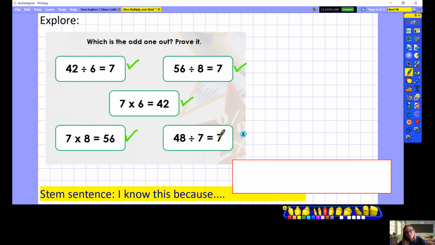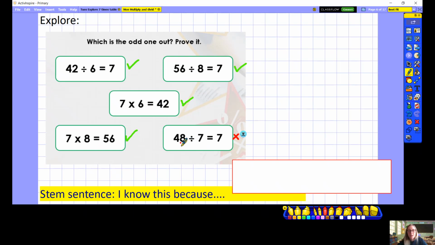So here, my final question, 48 divided by 7 equals 7. Now that one, I'm going to put a big cross next to it, and it's wrong. And I wonder if you've noticed or could tell me why it's wrong. Okay, so it is wrong because 48 divided by 7 does not equal 7. 48 is not a multiple of 7. It is not in the 7 times table.